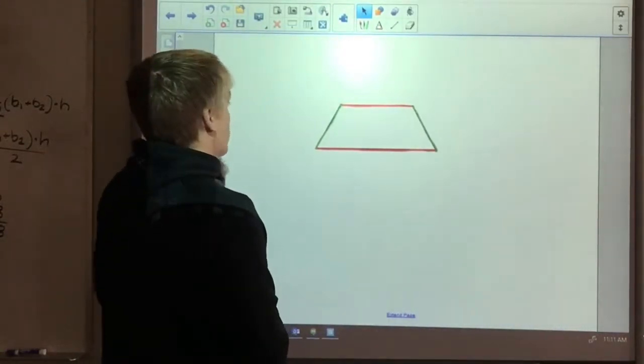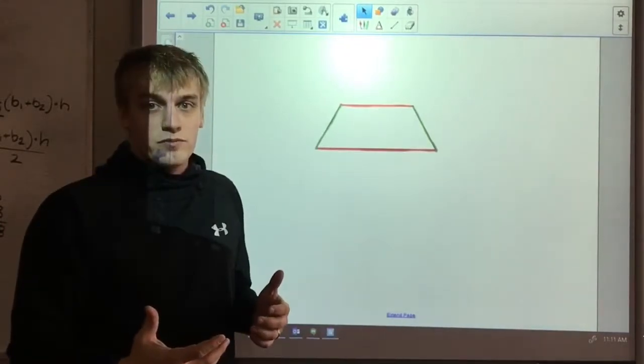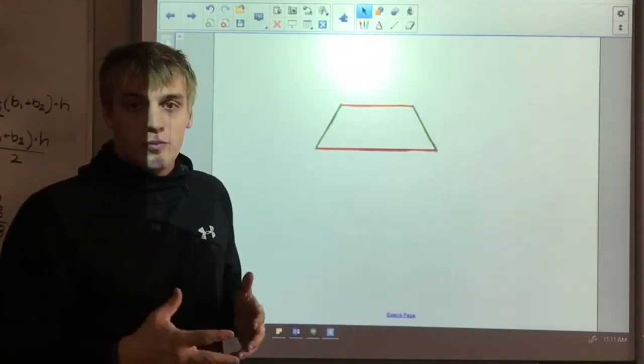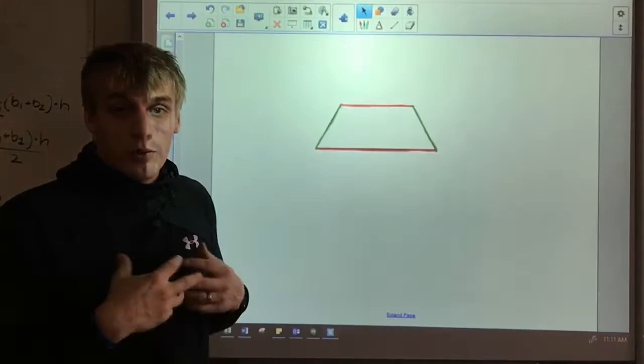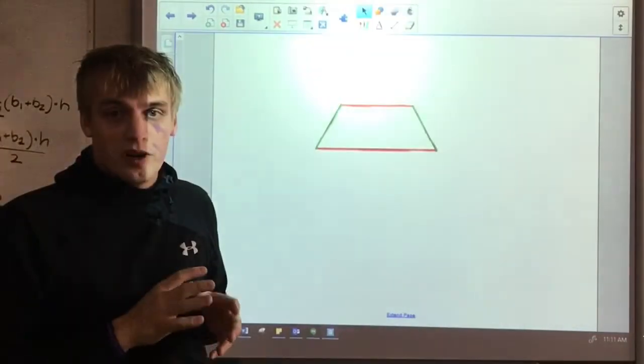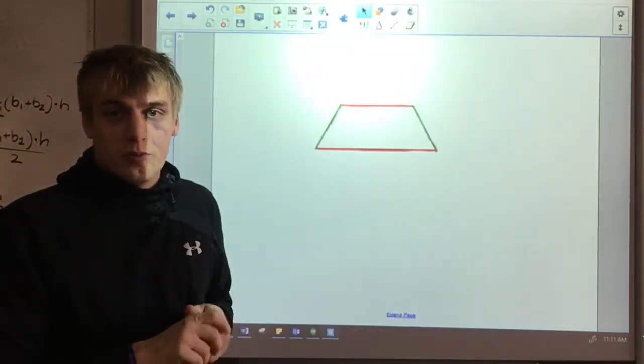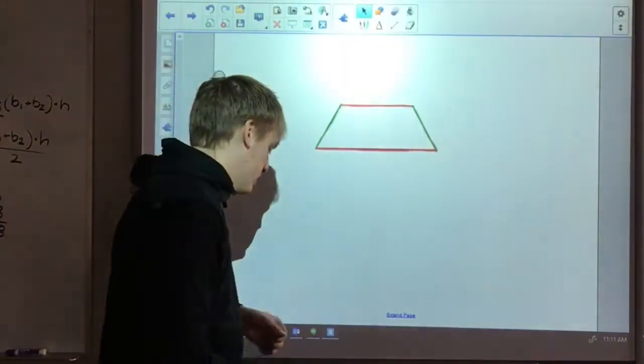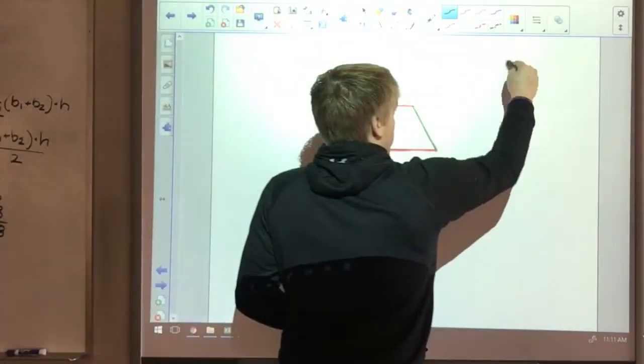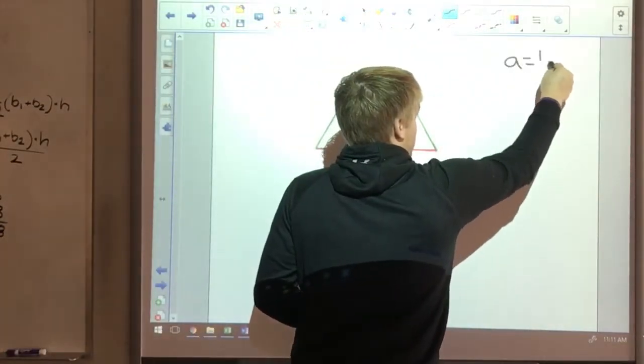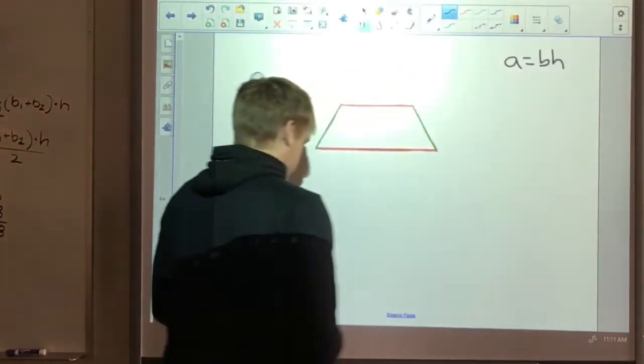So how do they come up with the formula? Okay, well, most formulas that we're going to talk about are based on the parallelogram formula. So the parallelogram formula was area equals base times height.